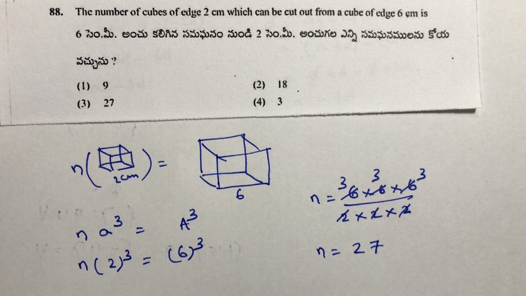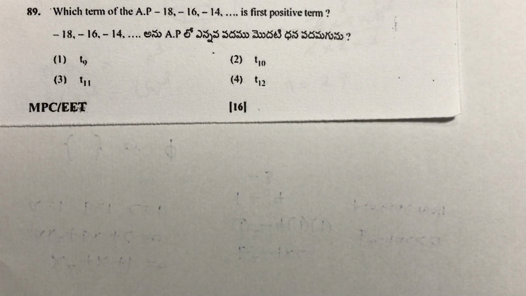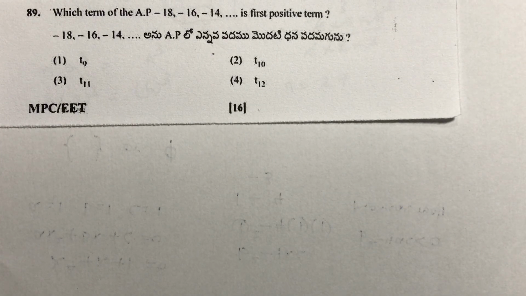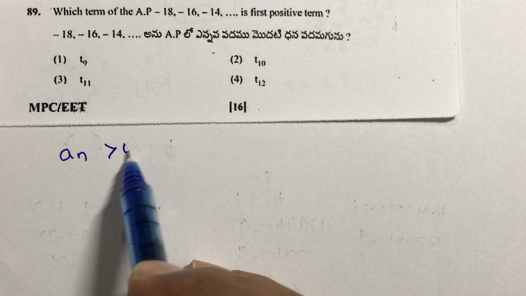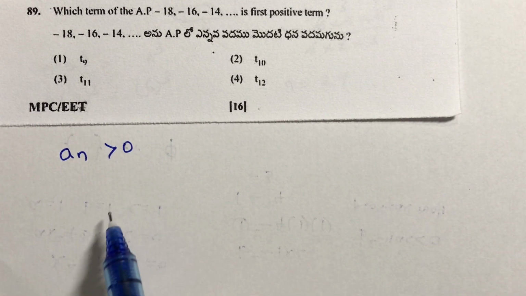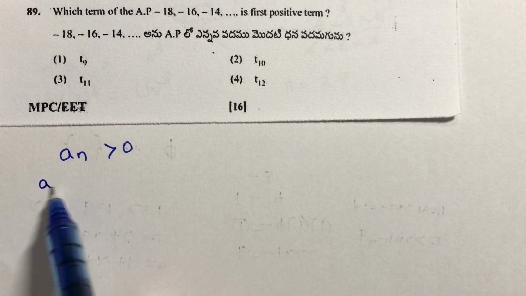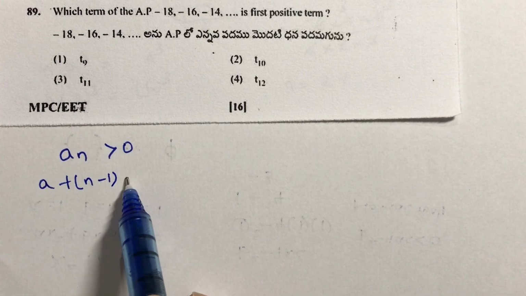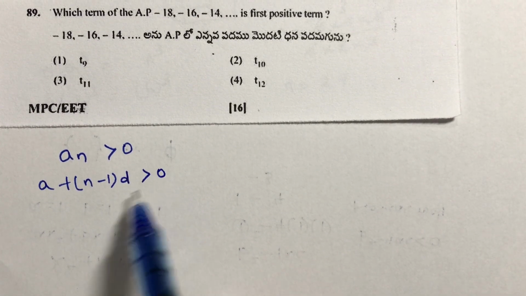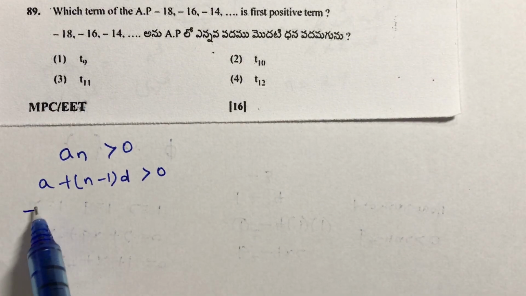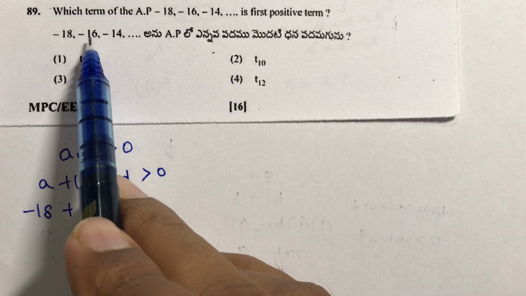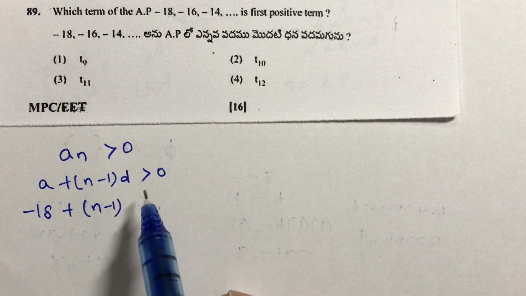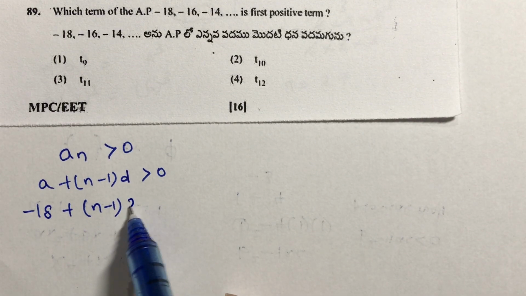So 27 cubes. Which term of the AP minus 18, minus 16, minus 14 is the first positive term? So positive term means an is greater than 0. If they tell negative term, you should take less than 0. An formula is A plus n minus 1 into D greater than 0. A first term is minus 18 plus n minus 1 into D. D is A2 minus A1, minus 16 minus of minus 18, so it is 2.